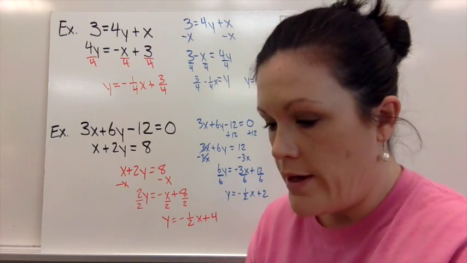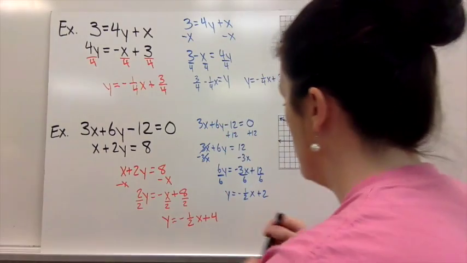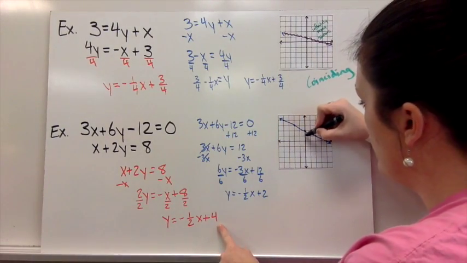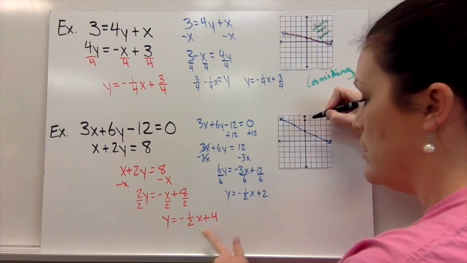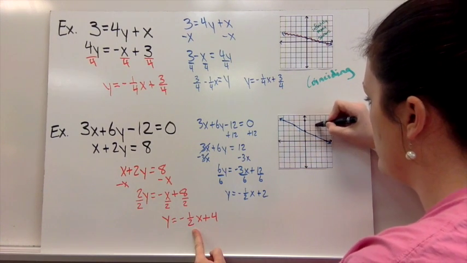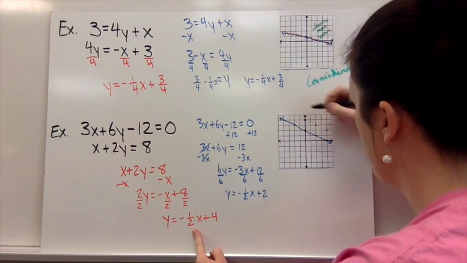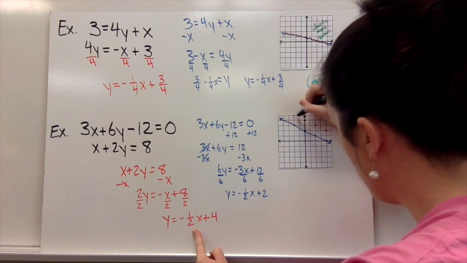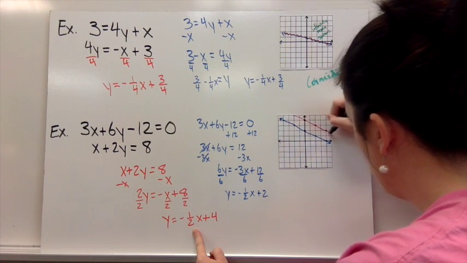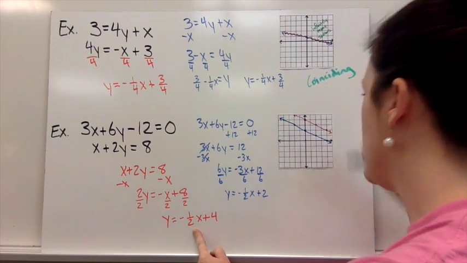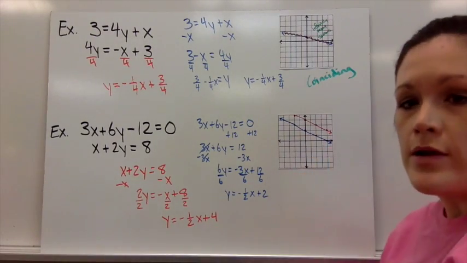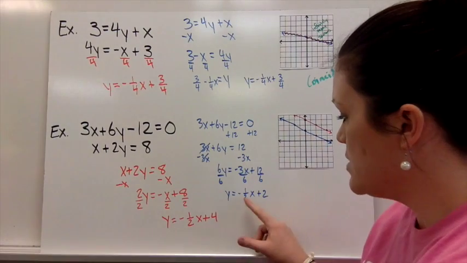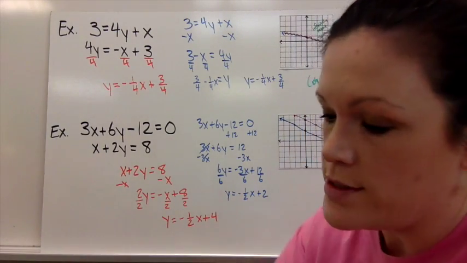So let's graph that one. So I go up 4, 1, 2, 3, 4, down 1, right 2, using my slope. I can go up 1 and left 2. So what I notice is they look like they are parallel. And when I go back to my equations, I can see that their slopes are the same.